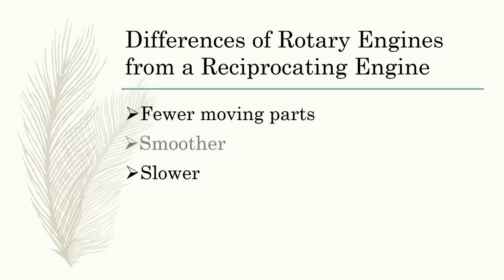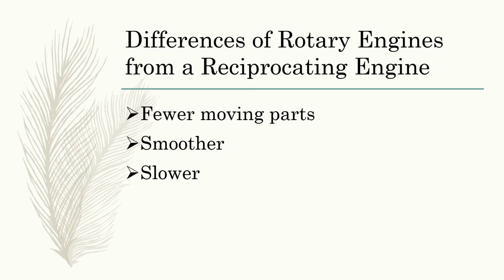A rotary engine is smoother since the rotor spins constantly in one direction, unlike reciprocating engines whose pistons change direction abruptly. They are also counterbalanced by weights which reduce internal vibration.